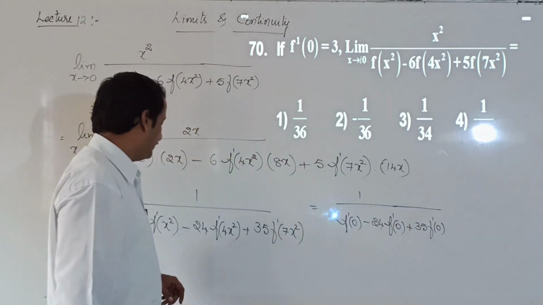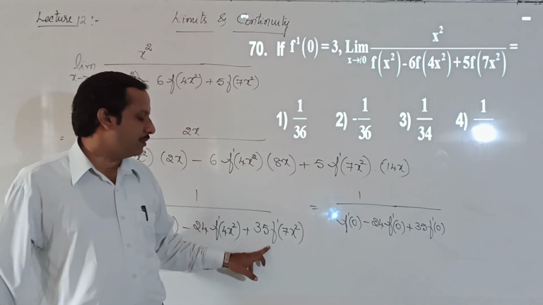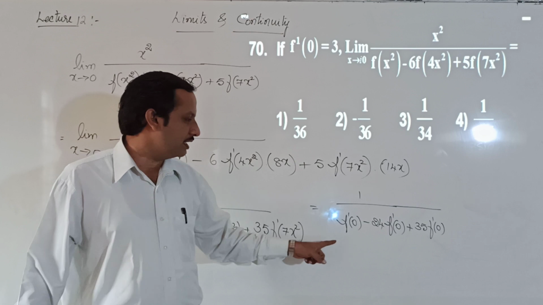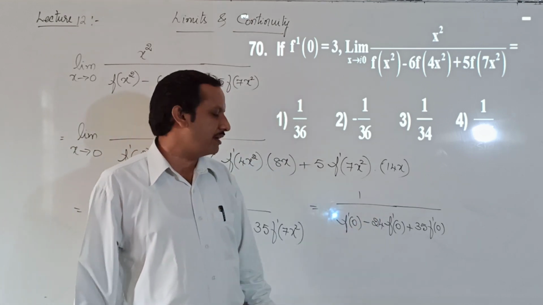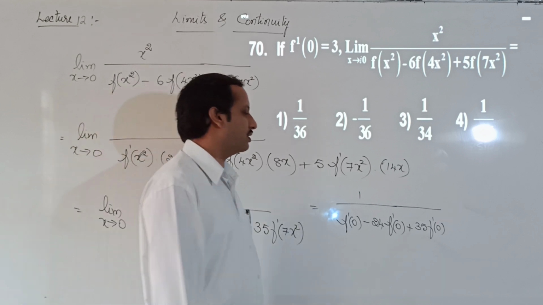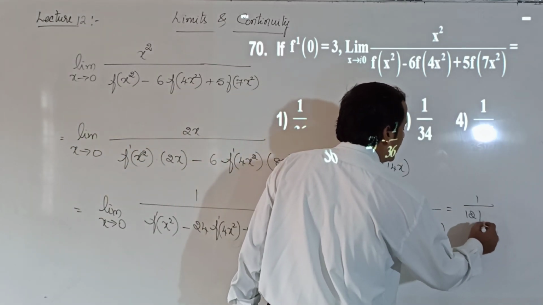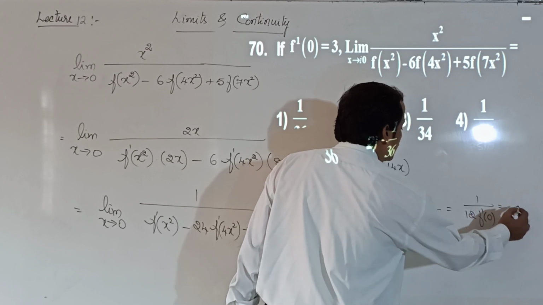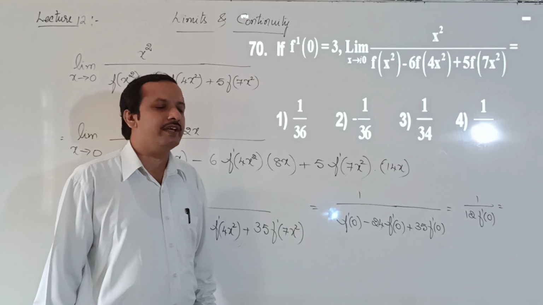I am applying the limit now. f dash of 0 minus 24 into f dash of 0 plus 35 into f dash of 0. Together what do you get? 35 plus 1, 36 f dash of 0 minus 24. 36 minus 24 is equal to 12. So we get 1 by 12 into f dash of 0. Okay? So on simplification we get 1 by 12 into f dash of 0.